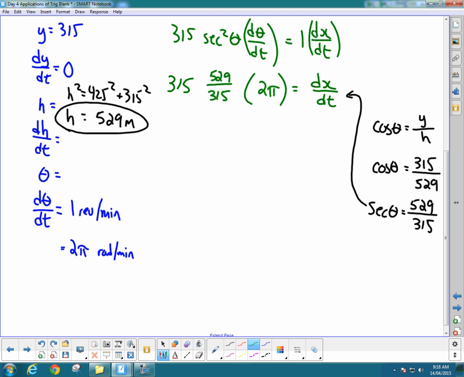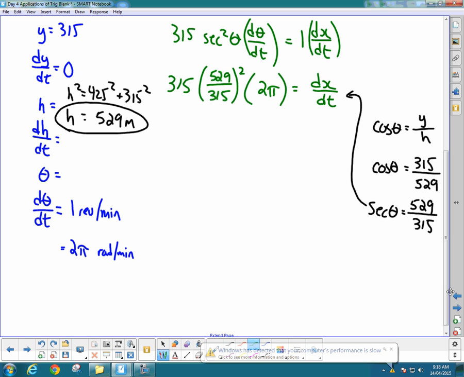The only catch is it's not secant, right? It's secant squared. And if you look at this, I actually have all of the information now that I need to solve. These are all numbers. So now it's a matter of plugging that in my calculator.